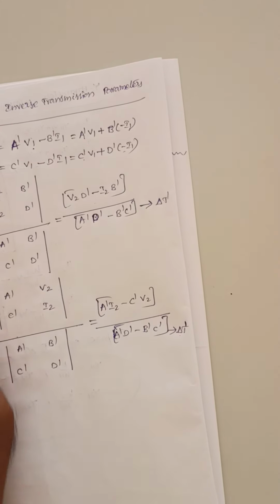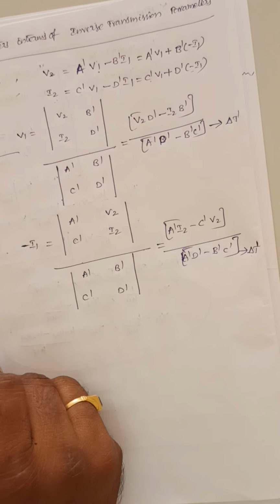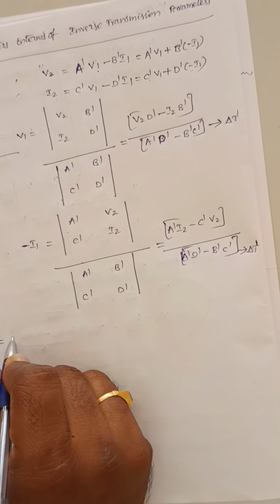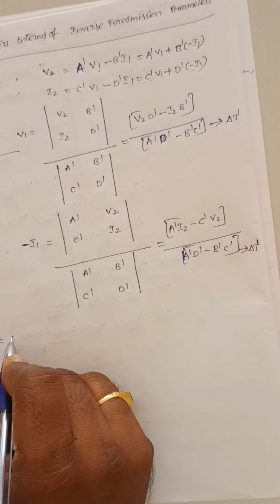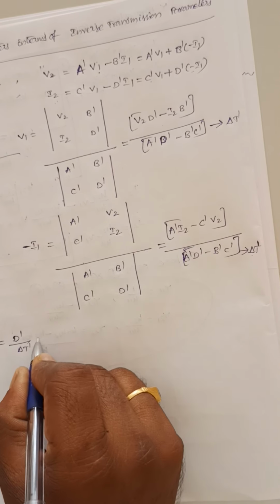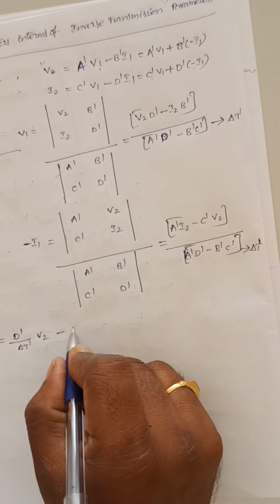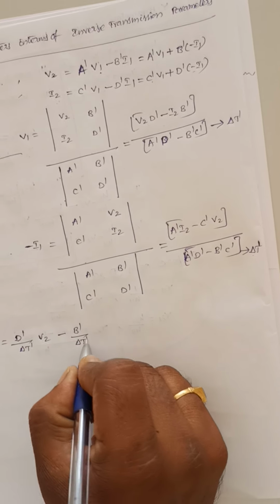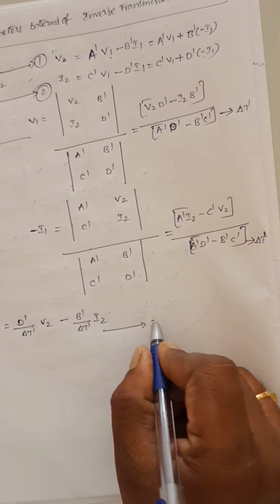So now v1 in terms of v2 and I2 is b dash divided by delta t dash into v2 minus b dash divided by delta t dash into I2. Let us take this as equation number 1, this as equation number 2, and let us assume this is equation number 3.